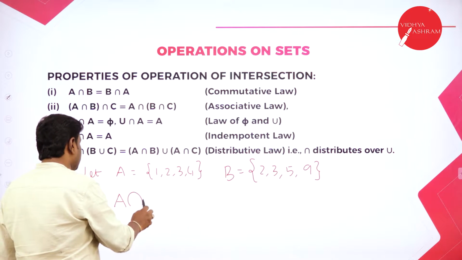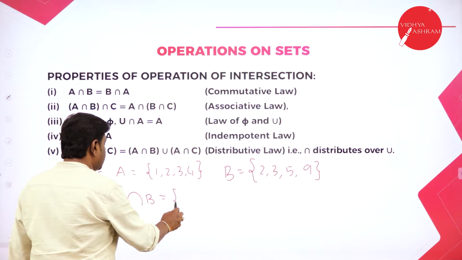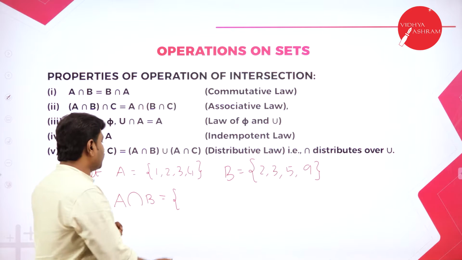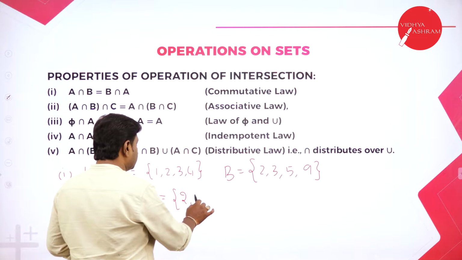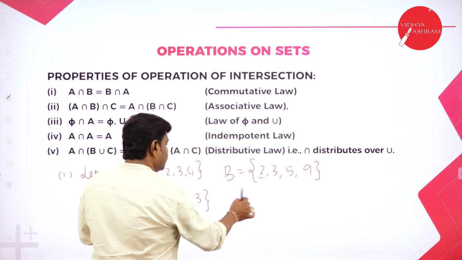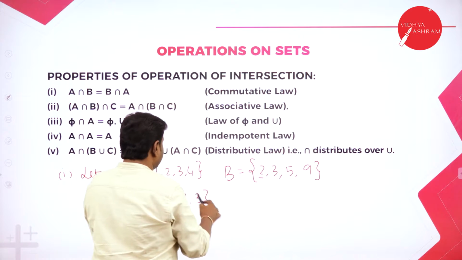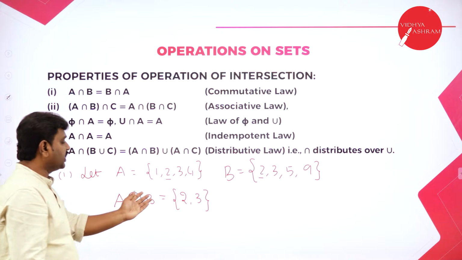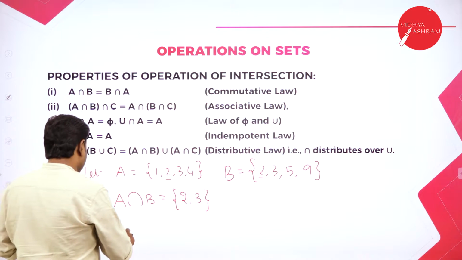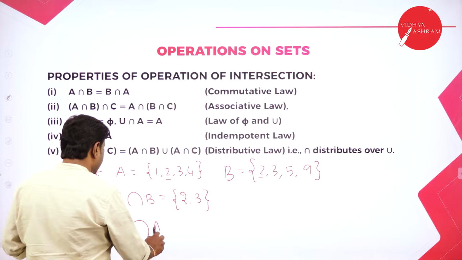Now, what is A intersection B? A intersection B means what? Set containing common elements of A and B. What are the common elements of A and B? 2, 3. So you can see 2 is present in A and B. So write it. 3 is present in both. Write it. We don't have other common elements. I wrote A intersection B. Now we'll find B intersection A. What is B intersection A?